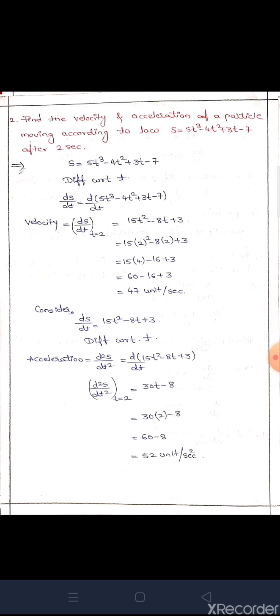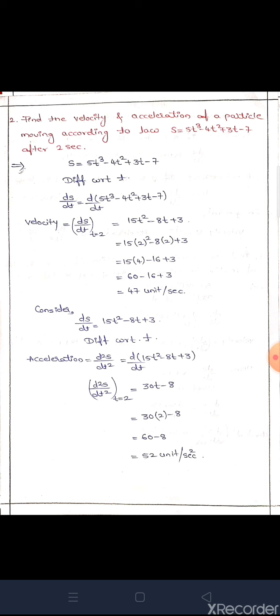Again you have to find the acceleration. So given ds upon dt is 15t square minus 8t plus 3. Again differentiate it with respect to t. That is acceleration is equal to d square s upon dt square at given time 2 is equal to differentiation of 15t square is 30t, differentiation of 8t is 8 and differentiation of 3 will be 0.